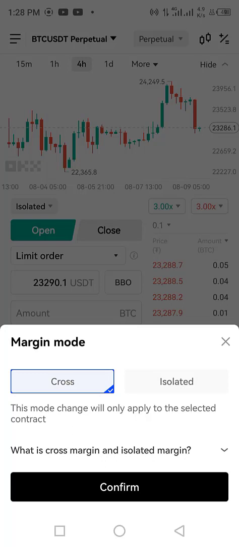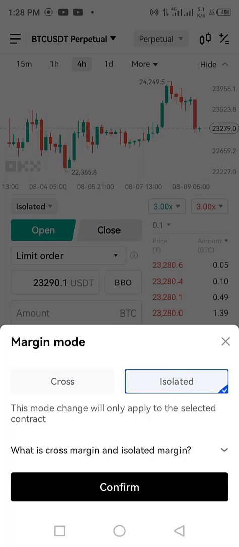It also means that the remaining 50 USDT in your account is also exposed to risks. That means if the trade goes against you to a certain point, you will be liquidated and the entire 100 USDT will be lost. Remember, what you use in placing the trade is 50. That is what it means by using a cross margin mode.